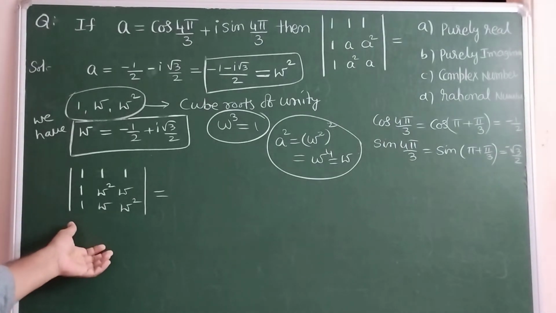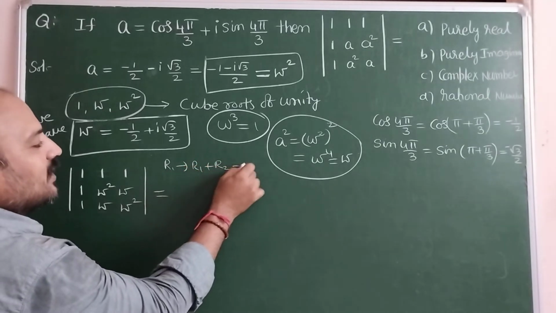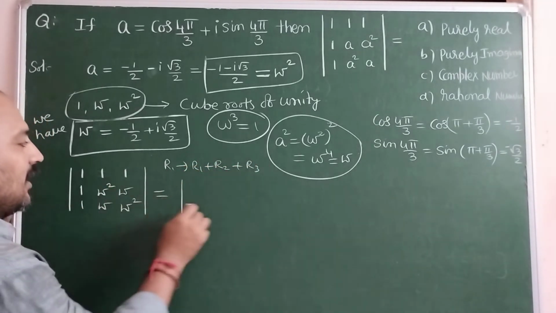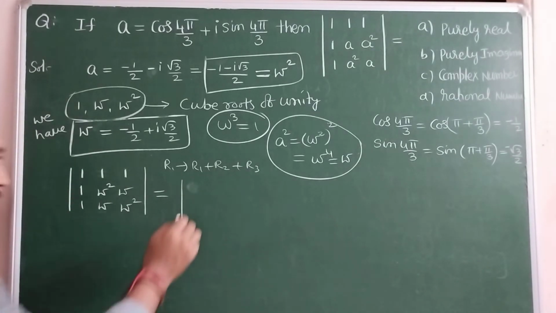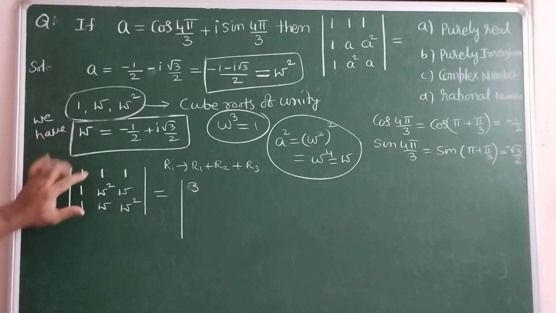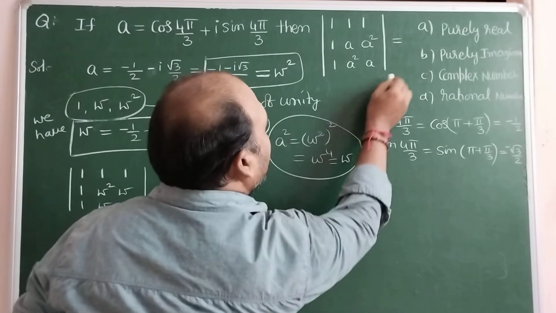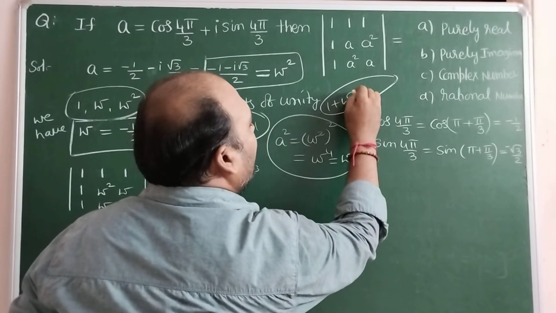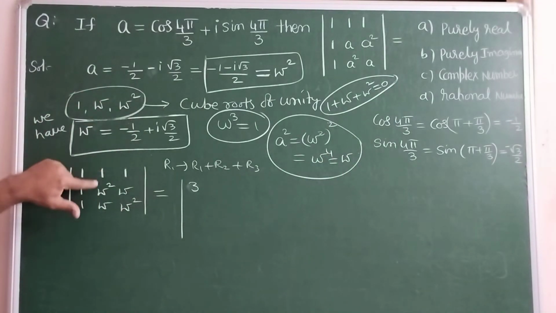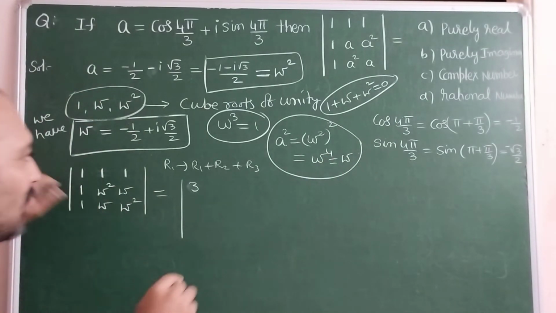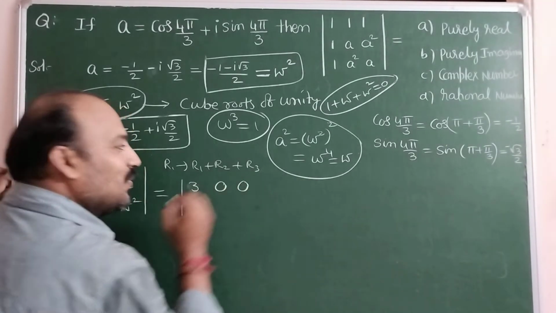So how to expand this? By applying the row operation R1 to R1 plus R2 plus R3, this becomes: 1 plus 1 plus 1, which is 3; 1 plus omega square plus omega, again applying the cube roots of unity result, 1 plus omega plus omega square equals 0, dear students; and that value is also 0.